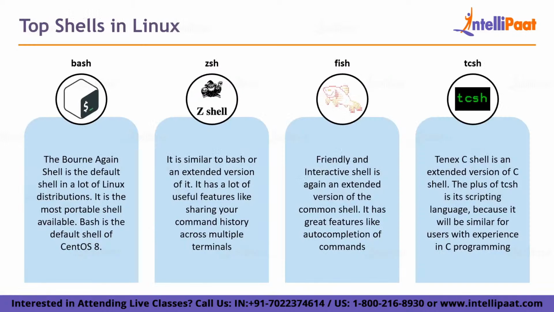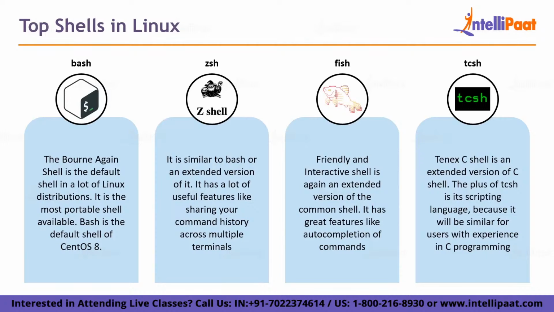Now coming to top shells. We saw what a shell is and how an emulator of a shell looks in a GUI based system. Now we'll be looking at the top shells in Linux. There is not just one. As I told you, Linux is an open source system, so obviously there are a lot of contributors who create different types of shells. The most common, basically the default shell, is bash.